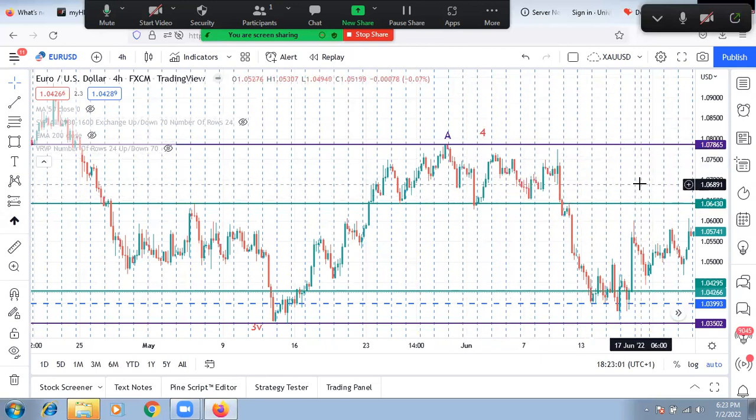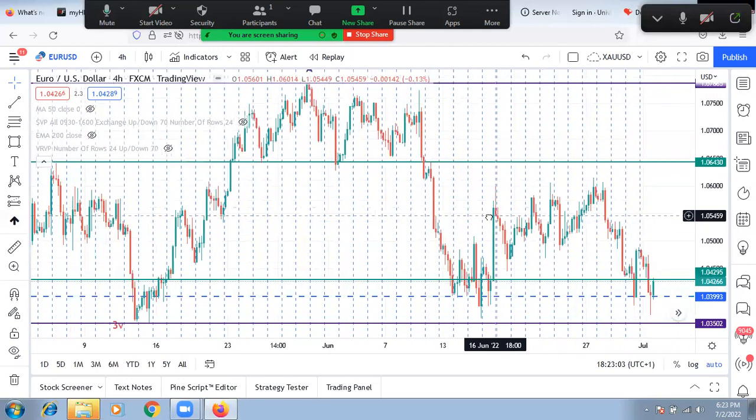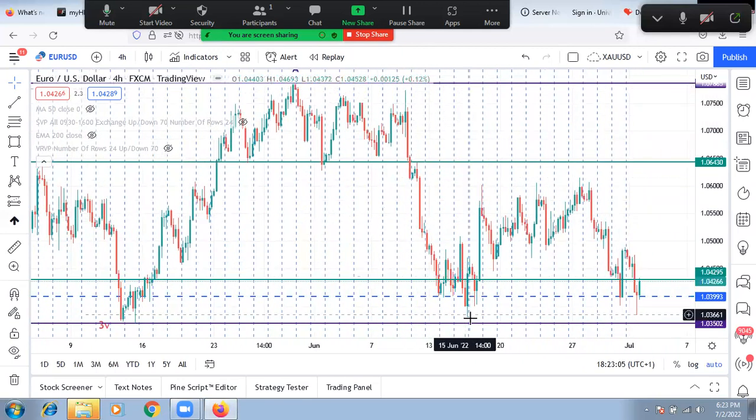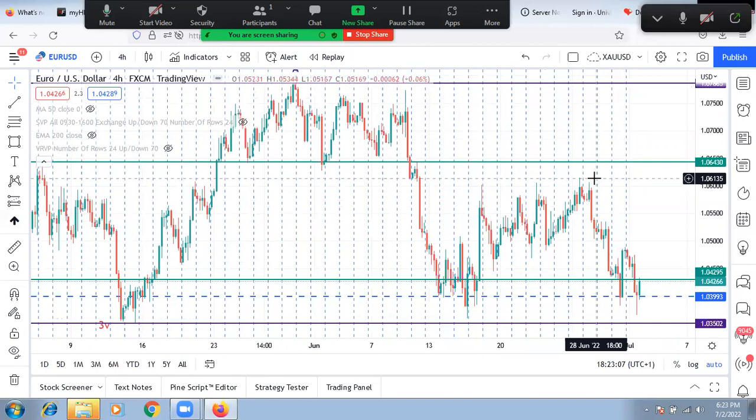But in terms of all of this wave from here, say this is 1 and this is 2, you know that the 2 can be 50, can be 61, can be a 76 and 85, but a 2 will not be a 90.